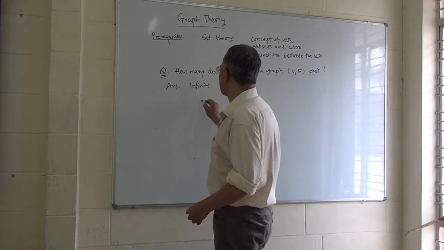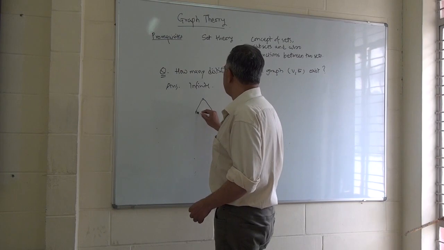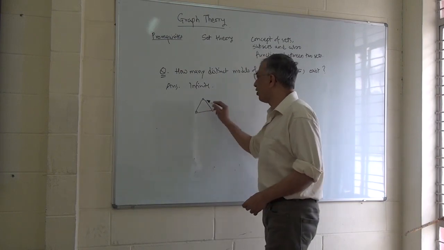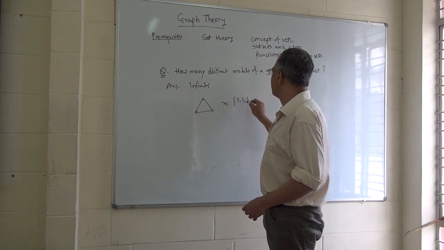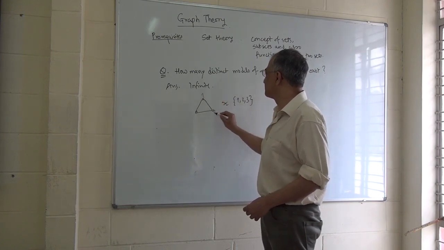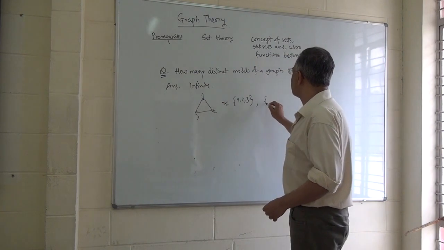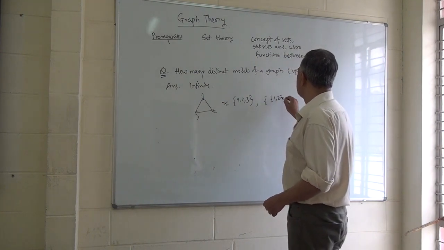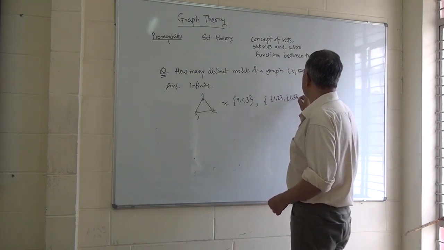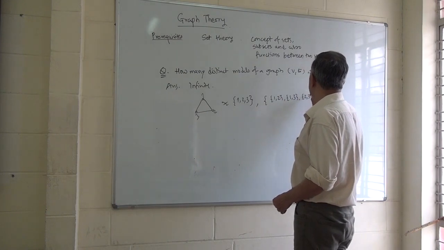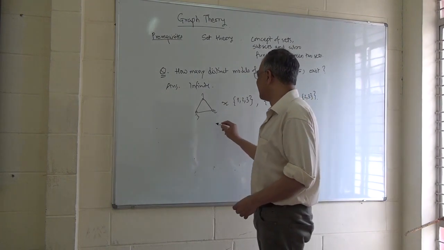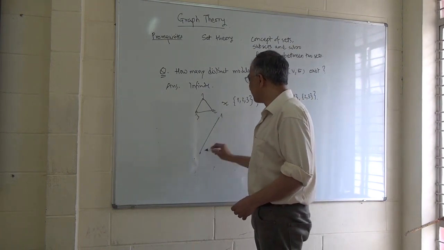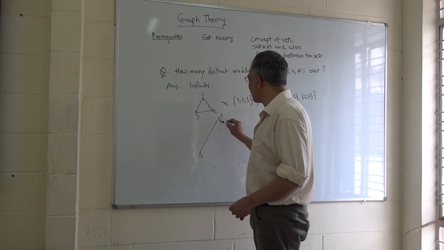For example, if you just have a triangle here like this, that means a 3-set and all 2-subsets of this. So this corresponds to vertices 1, 2, 3, and the edge set is {1,2}, {1,3}, {2,3}. But I can always stretch this vertex 3 like this, and this 2 comes very close.